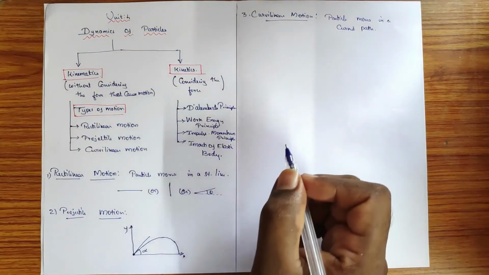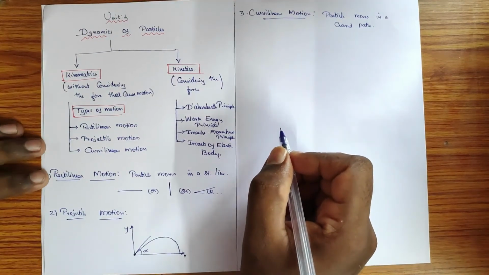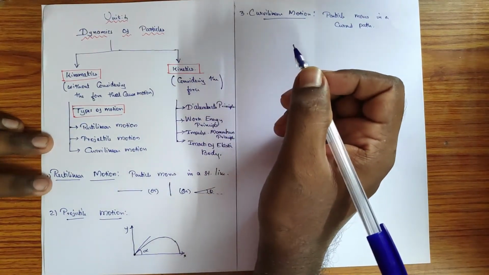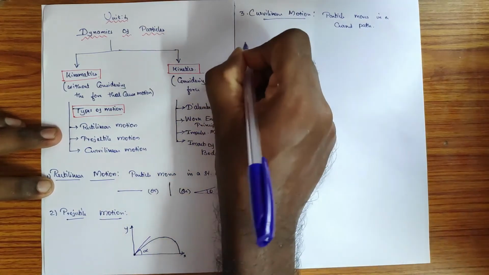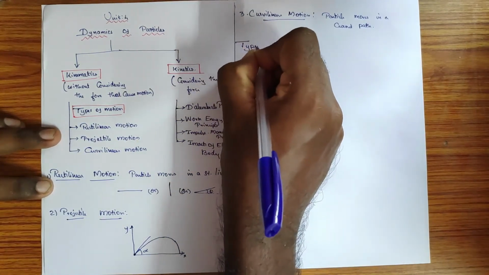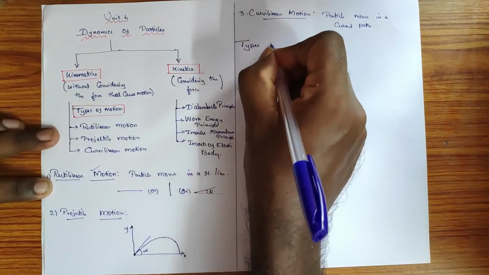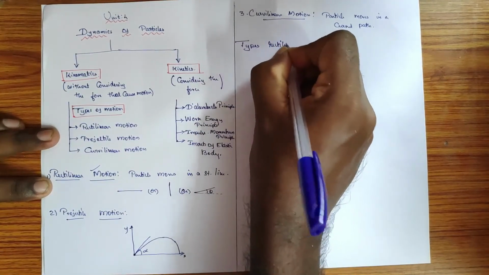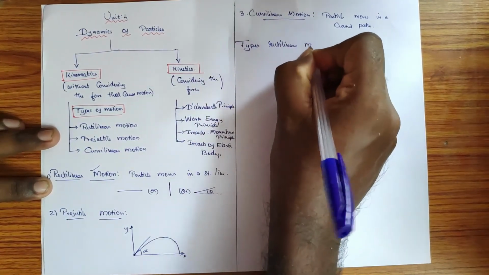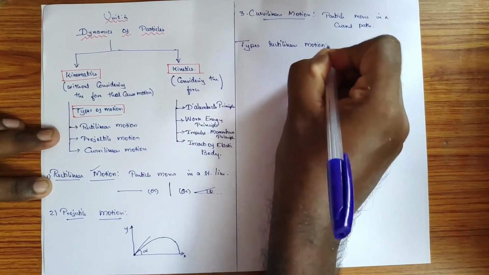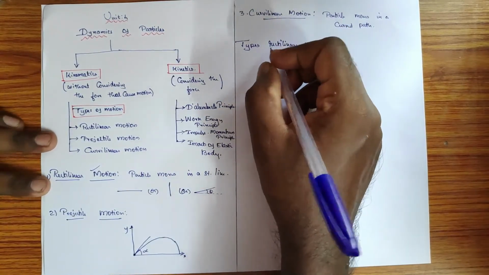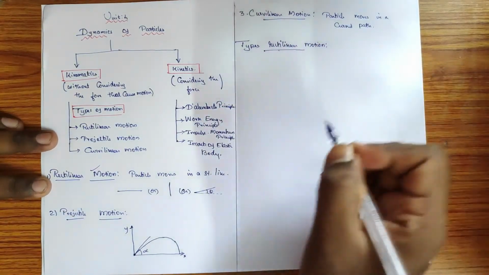Next, we have to learn about the types of rectilinear motion. Here we have three rectilinear motions.